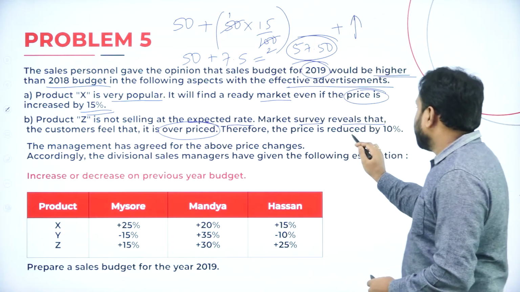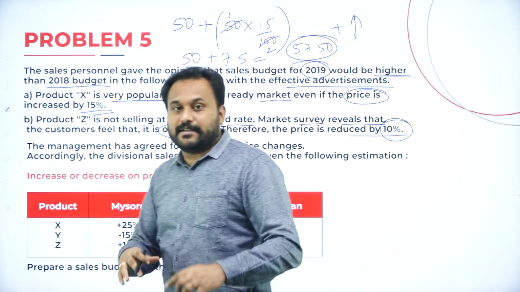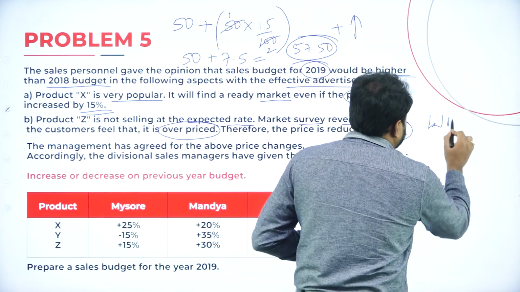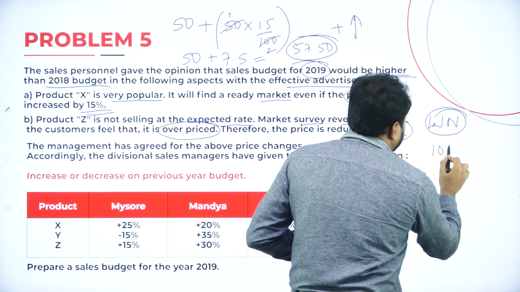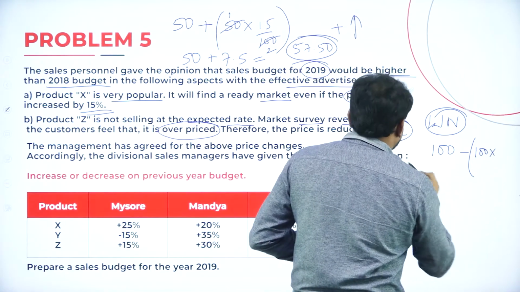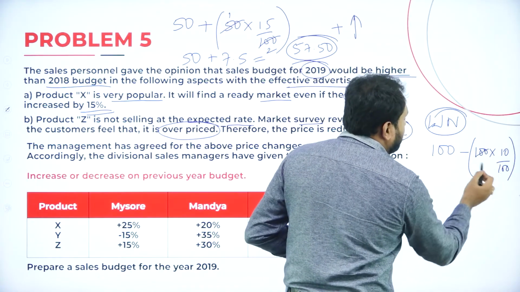Therefore the price is reduced by 10%. Reduce means you are supposed to subtract it. So what happens here, I'll show you the working note. 100 rupees minus, now you should write 100 into 10 by 100. That means this cancels.